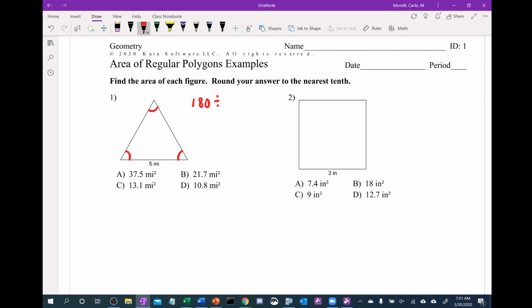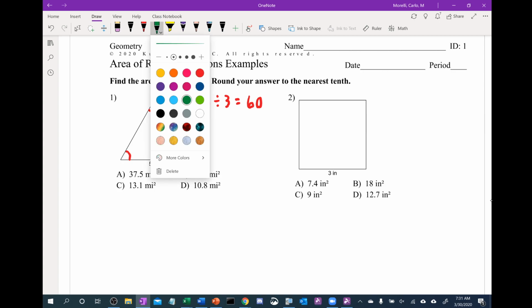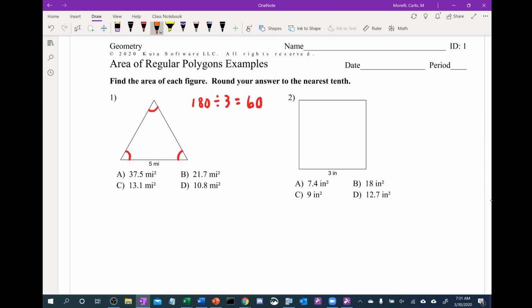So we'll divide that by 3 to find out that each internal angle is 60 degrees. I think that should be fairly easy to grasp. So we can label those angles. Let's use orange. So this is 60 degrees. This is 60 degrees. This is 60 degrees.